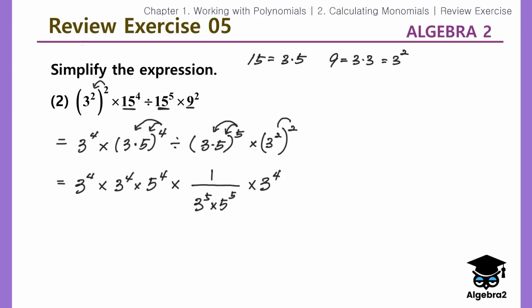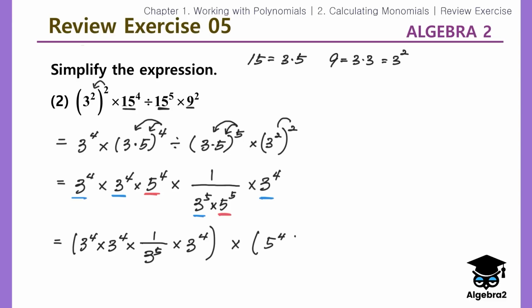So we have base 3, base 3, base 3, base 3. So let's simplify these numbers first. So we have 3 to the 4 times 3 to the 4 times 1 over 3 to the 5 times 3 to the 4. And we have base 5, base 5. So that's going to be times 5 to the 4 times 1 over 5 to the 5.